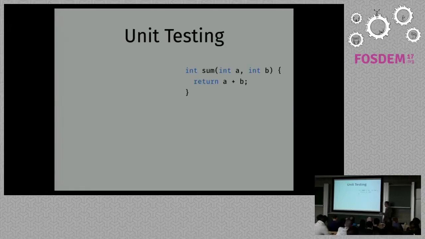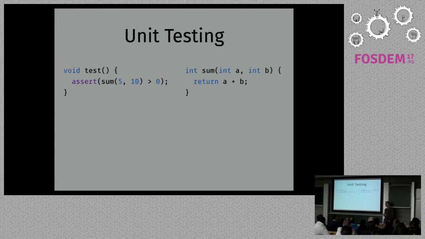We have some code, and this is an artificial example just to start. We have a function, sum, that takes 2 integers and returns the sum of them. For this function, what a developer does is write a test where the assertion is that the sum of 5 and 10 is greater than 0, which is absolutely correct.